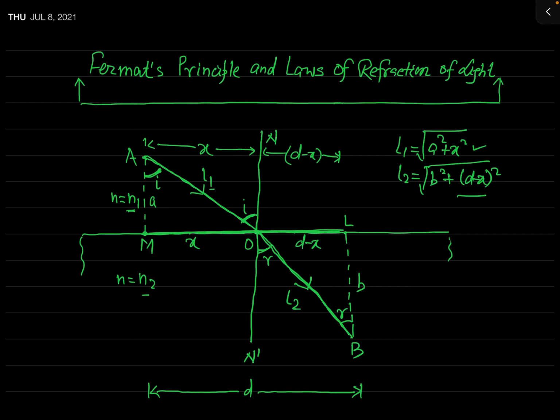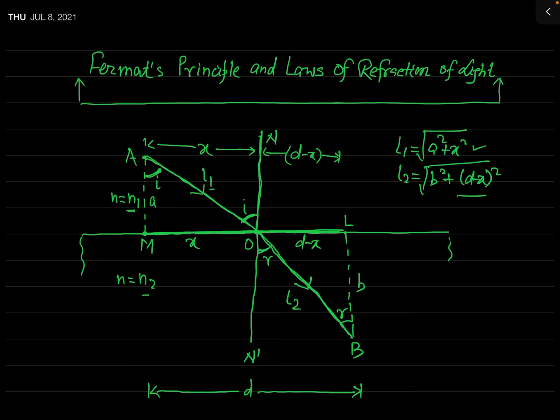And this plane will also contain this normal ON, which is normal to the interface at O. So in this way you can say that the first law of refraction is established.